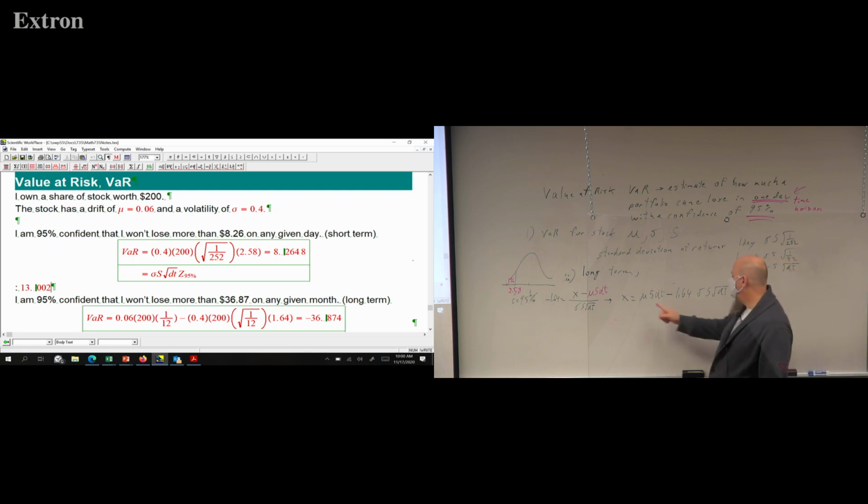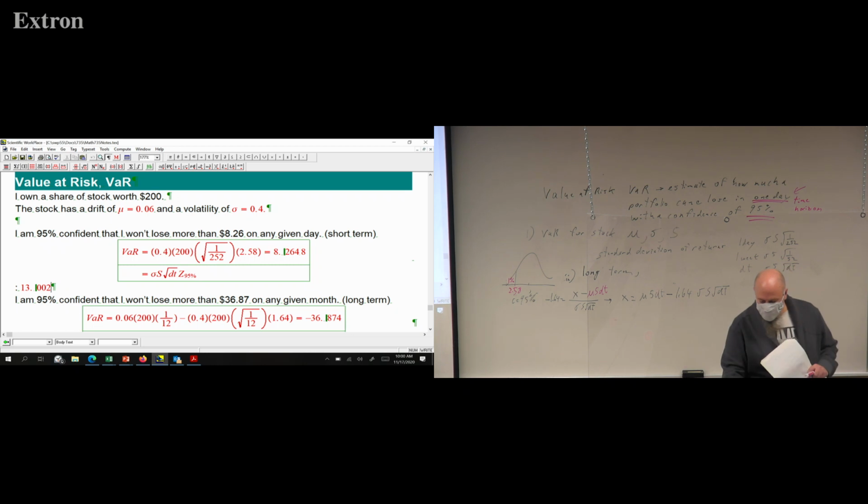So this drift will mute the negative here. I didn't have the negative when I was writing down short term because I was just talking about it being a loss. And now it's still going to be a loss, but the maximum loss could be a positive. If this is a positive number, then I'm not going to lose any money.